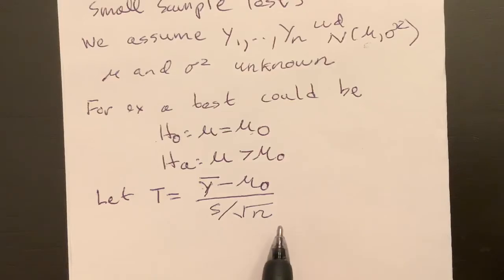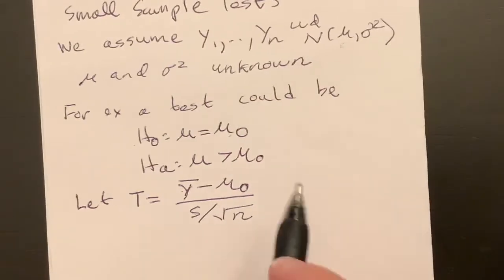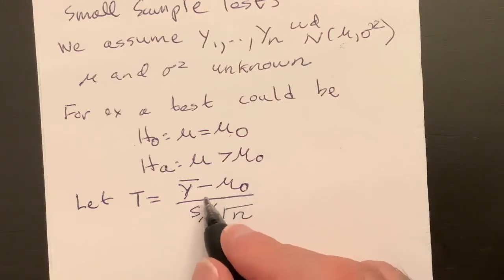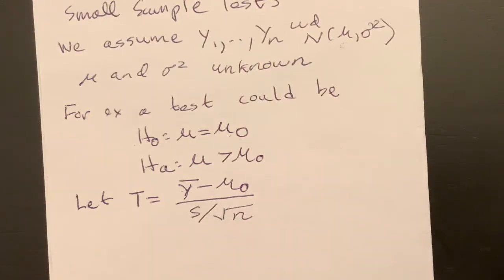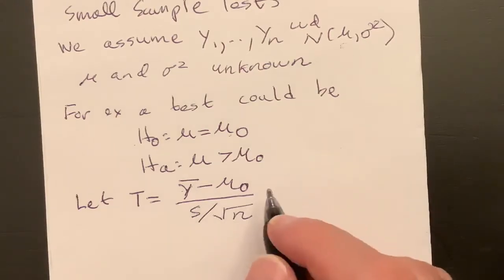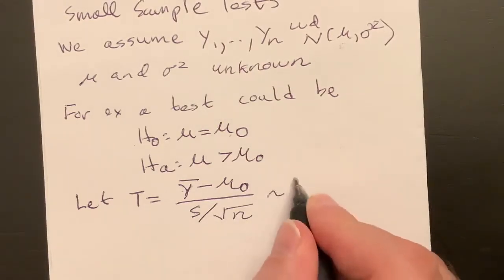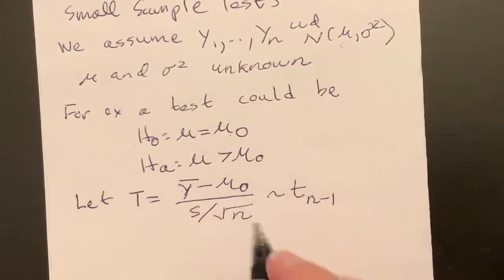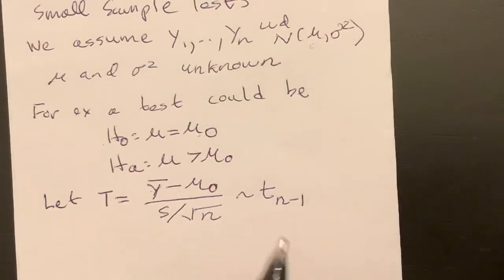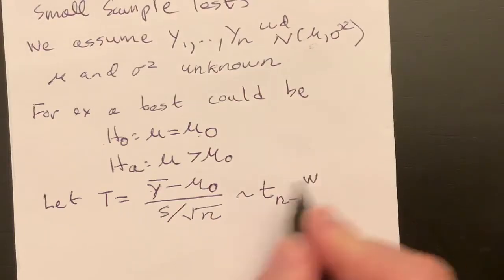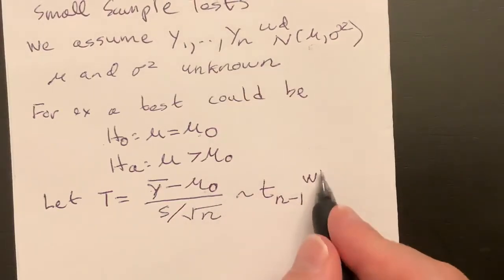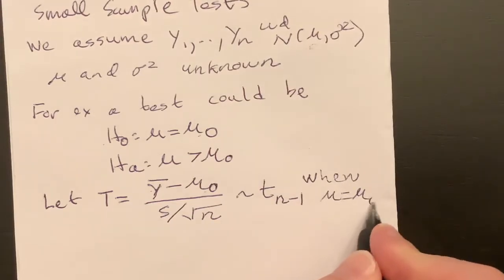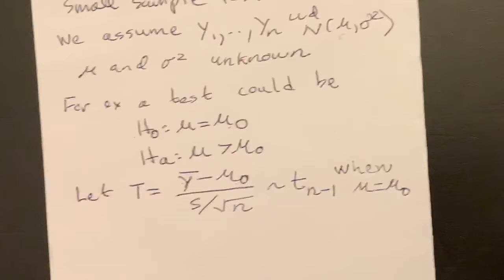You might remember from an earlier chapter, I think chapter 7 on distributions related to the normal, or chapter 8 on confidence intervals, this is a t-distributed random variable with n minus 1 degrees of freedom under H0. So if this is the actual mean, when mu equals mu 0, it has that distribution.